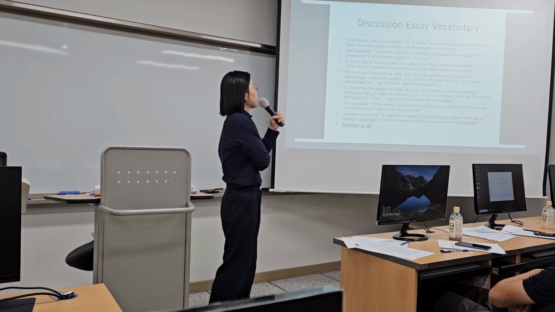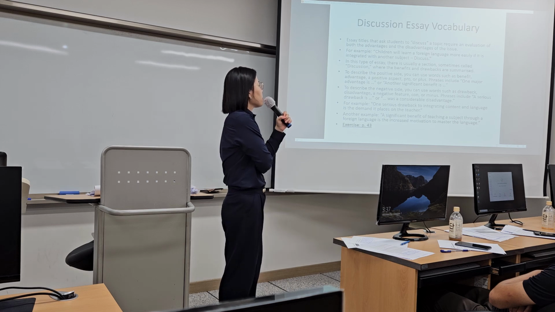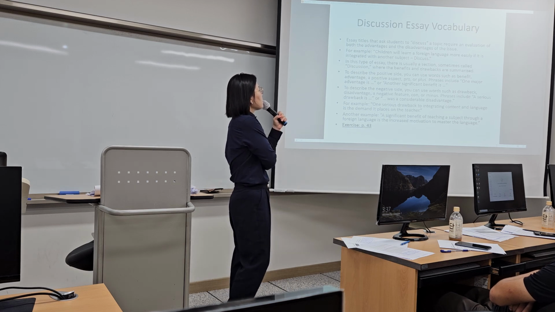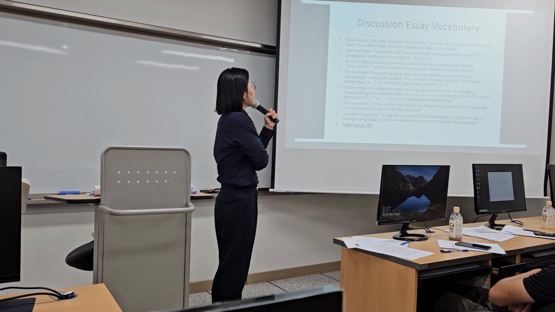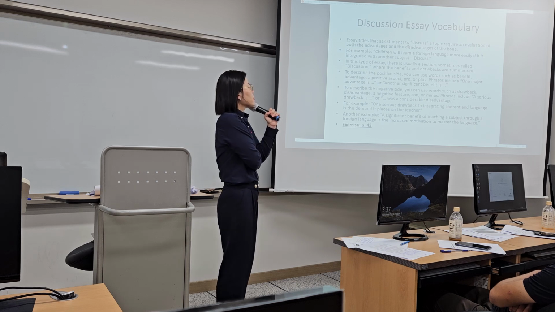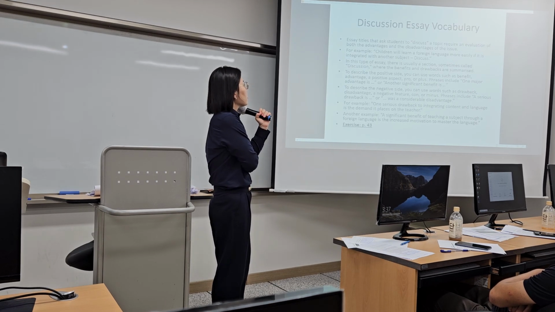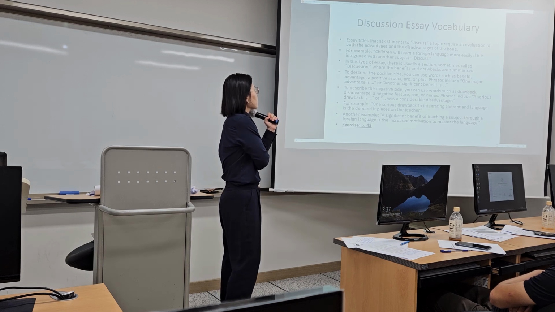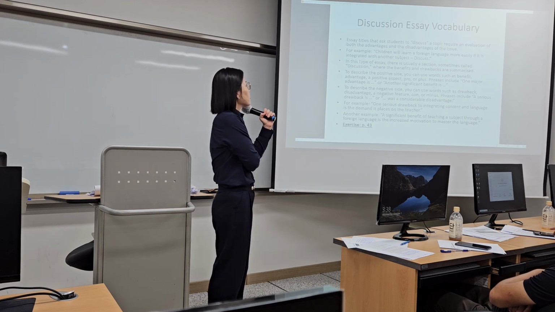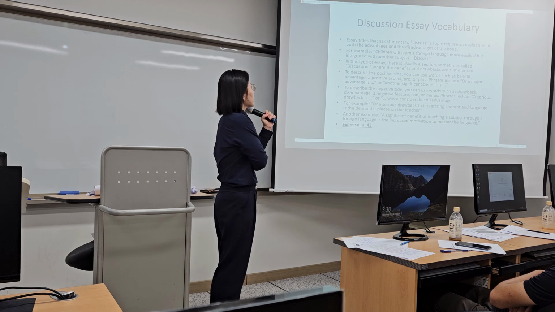Essay titles that ask students to discuss a topic require an evaluation of both the advantages and the disadvantages of the issue. For example, children will learn a foreign language more easily if it is integrated with another subject. Discuss.